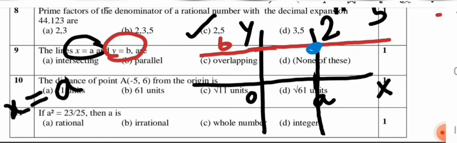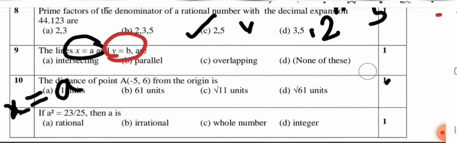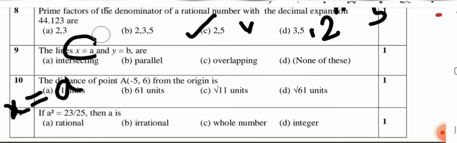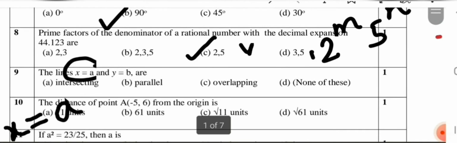For this case, I have shown them meeting here. So we need to tell what kind of lines are these. So answer will be option A, intersecting lines. So we can just assume some value and we can just draw a graph, and we can say what type of graph we will be getting and what type of lines it will be. So correct answer is option A.